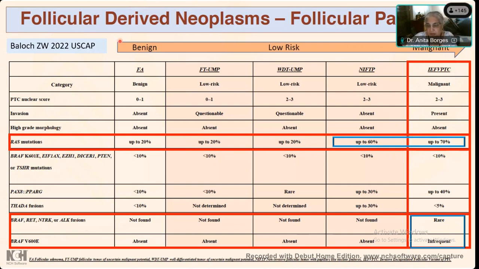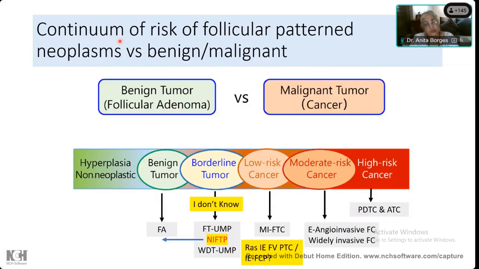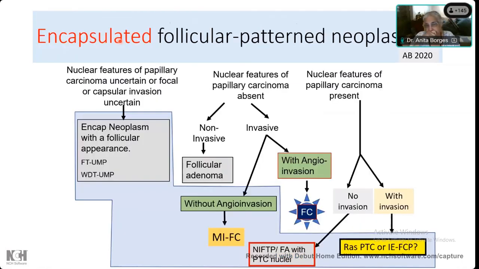All right, so now if I had to draw my whole diagram, I think I can skip that. What would I do? I would have the same diagram, except when nuclear features of papillary carcinoma are present, I am no longer obliged to call something an EFVPTC, and I do not call it that, okay?